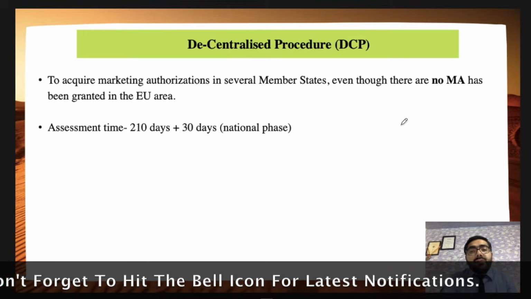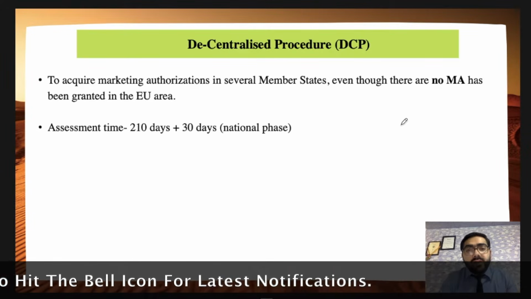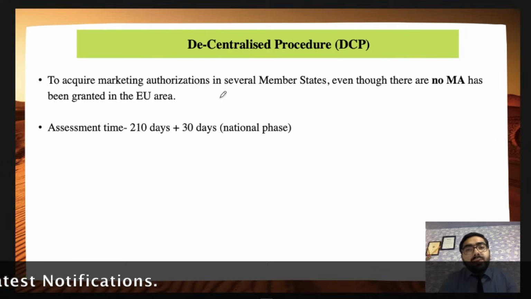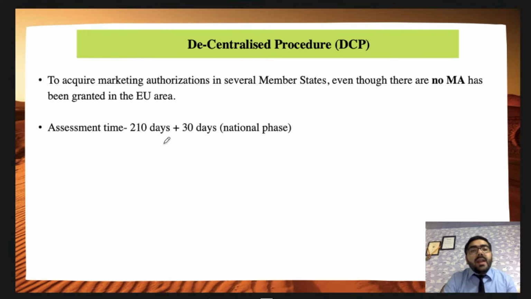But if there is no marketing authorization in the European area, the decentralized procedure can be used for the marketing application. The assessment time is 210 days plus 30 days for the national phase.